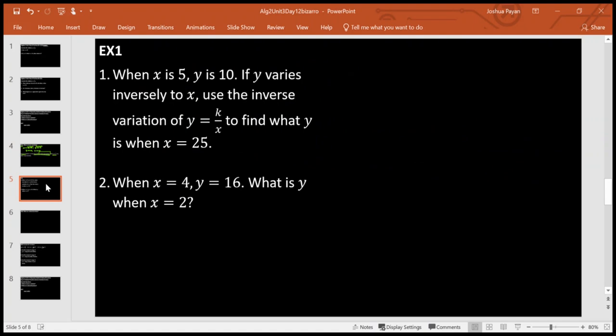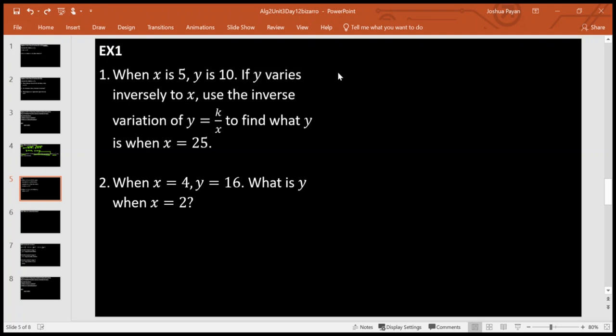Okay, so here we have some examples to apply what it is I'm talking about. So let's say when x is 5, y is 10, and they vary inversely. So we're going to use the inverse variation relationship here to find what y is whenever x is 25.